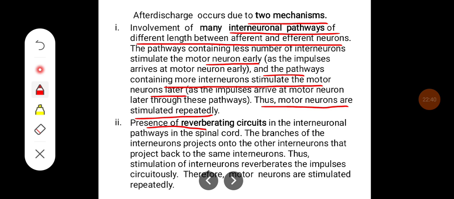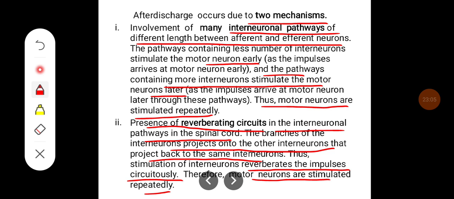And secondly, also because of the presence of reverberating circuits in the interneuronal pathways in the spinal cord. The branches of the interneurons project onto other interneurons that project back to the same interneurons. Thus, the stimulation of the interneurons reverberates the impulses circuitously. Therefore, the motor neurons are stimulated repeatedly.